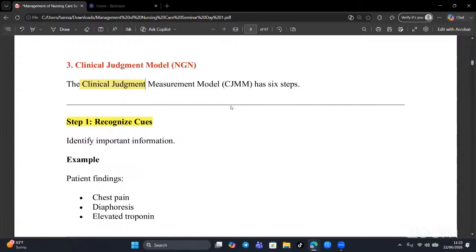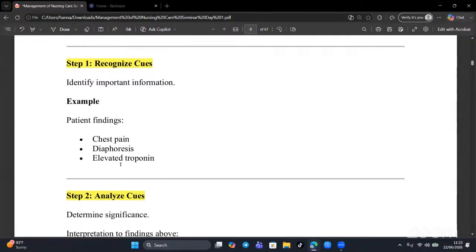Clinical judgment. You are practicing care. You are delivering care. You are dispensing care. You meet several patients, or you can meet one patient. The patient will give you several signs and symptoms. I'm having headache. I'm having chest pains. I'm sweating, diaphoresis, like the example we are seeing here. Let's use this one. Example, recognize cues is the first step.